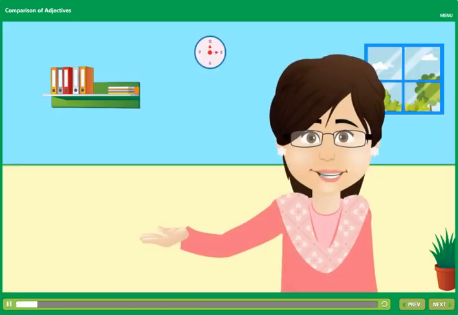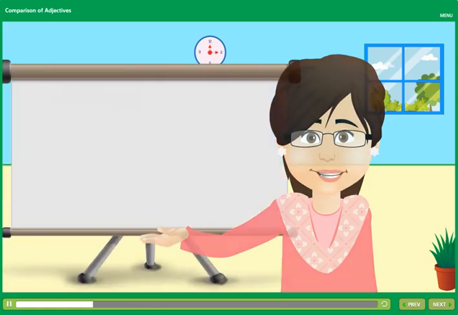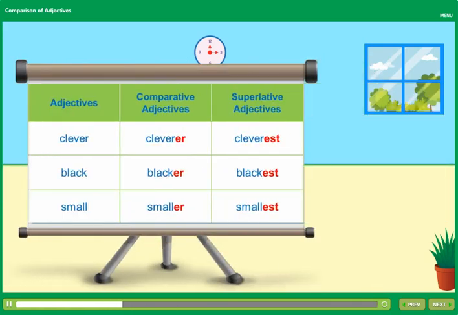Now let's go over some rules that tell us how to make adjectives into comparative or superlative adjectives. The general rule is that we add er to make comparative adjectives and est to make superlative adjectives.